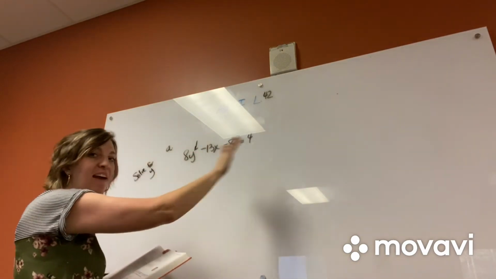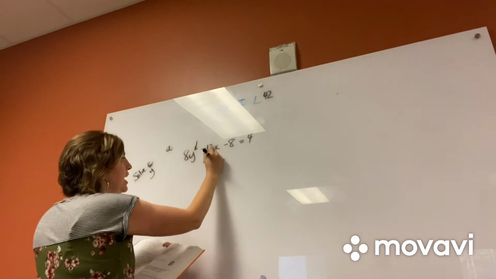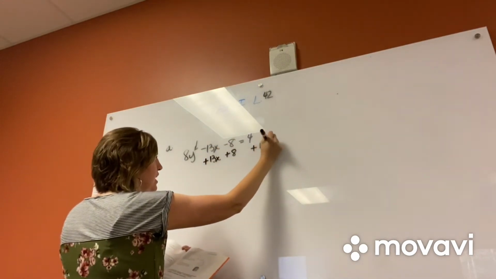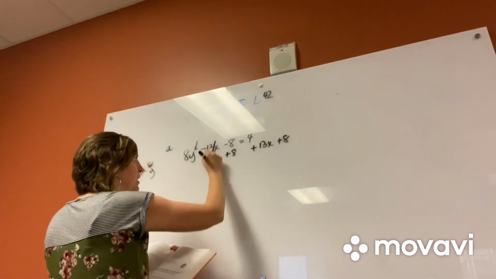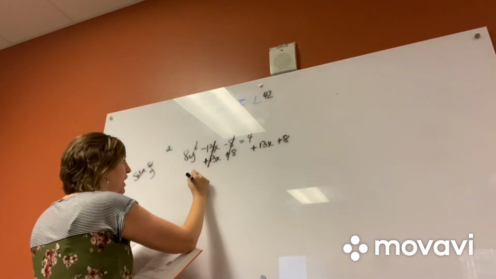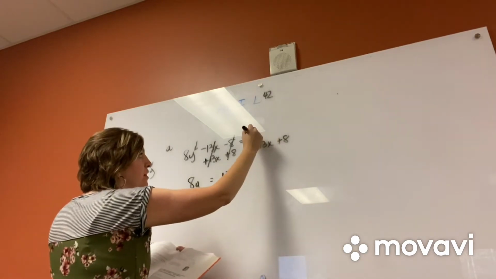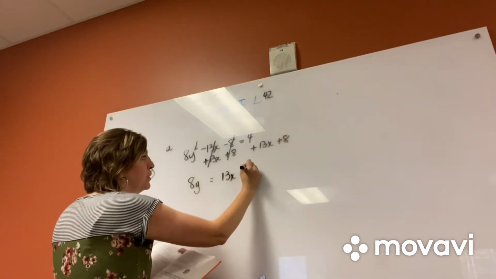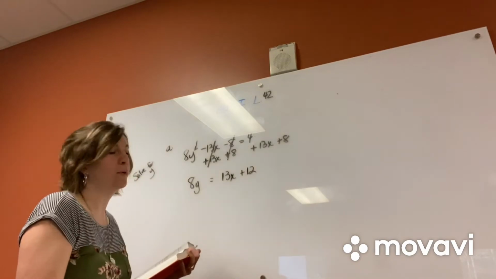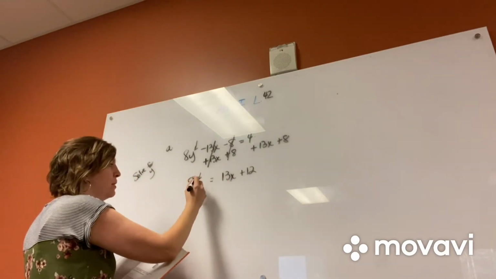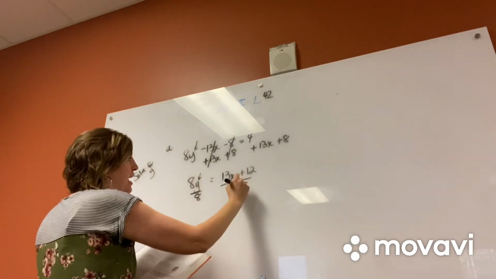I'm solving for this unknown, so I need to move everything else to the other side. Do the inverse operations. I'm going to add 13x and add 8 to both sides. That's going to cancel these two out and leave me with 8y equals 13x. And then the 4 and the 8 can combine, plus 12, since they're both whole numbers, right? My goal is to get y by itself. It's being multiplied by 8, so divide by 8.